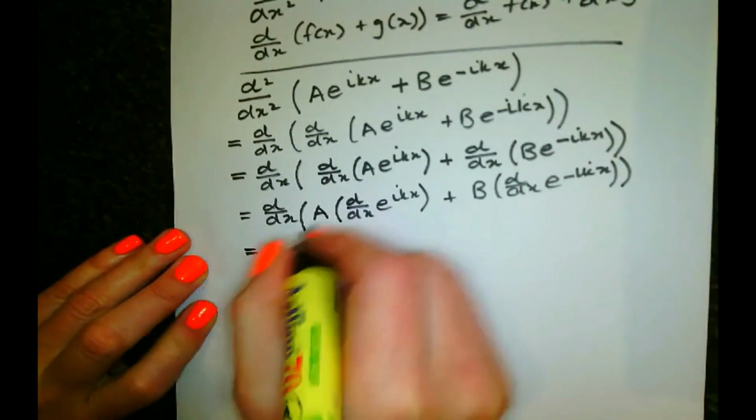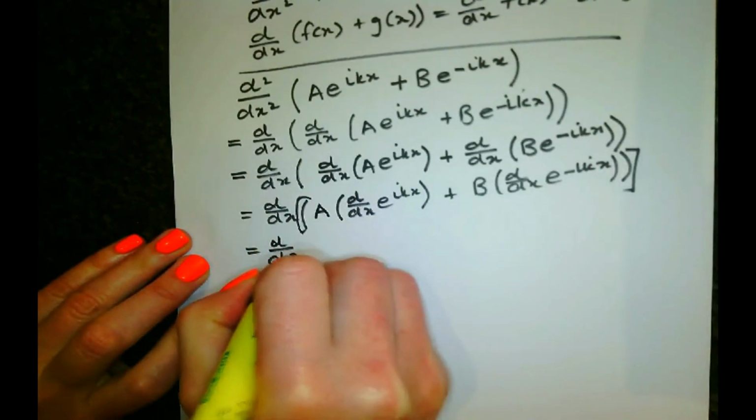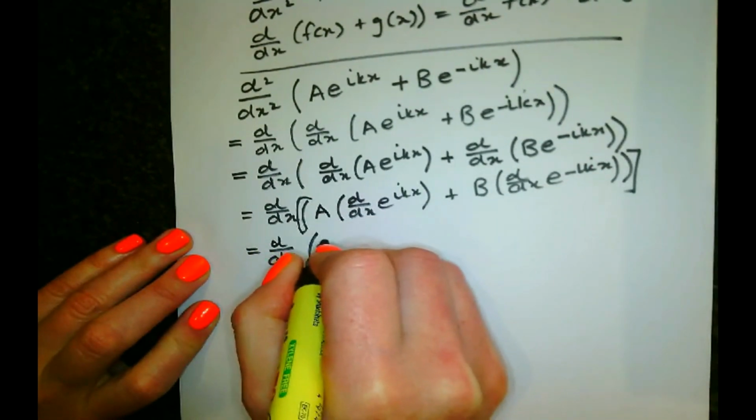Okay, and the d/dx is over everything, the second derivative. So now we can use our rule.